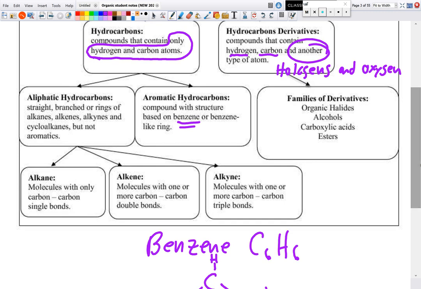Now, besides our aromatics, the other type of hydrocarbons that only contain carbon and hydrogen are our aliphatic. So please be very careful and please make sure to review these names. Our aliphatic hydrocarbons are going to be straight, branched, or rings of alkanes, alkenes, and alkynes, and cycloalkanes, cycloalkenes, and cycloalkynes, but not aromatics.